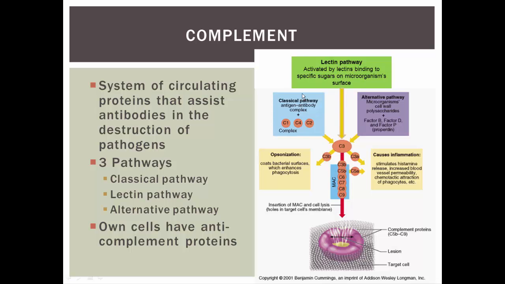Their activation can be through one of three pathways here: the classical, lectin, or alternative pathways. Don't worry about trying to figure out which one is which, but if you see those terms, you'll know what they're referring to. The idea here is you're basically taking a bunch of proteins that have been floating around in the blood and finally activating them.